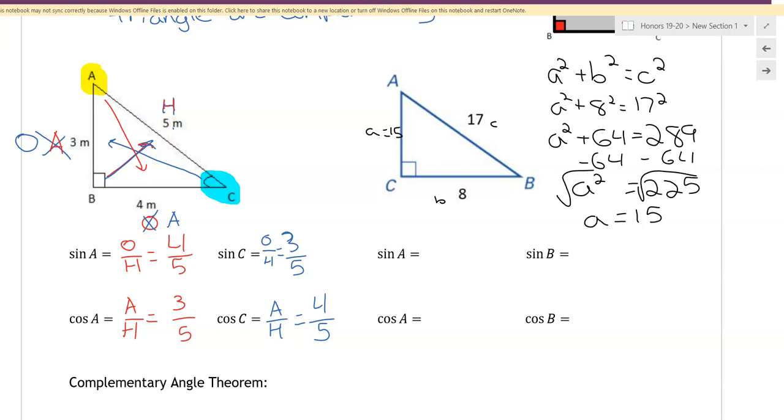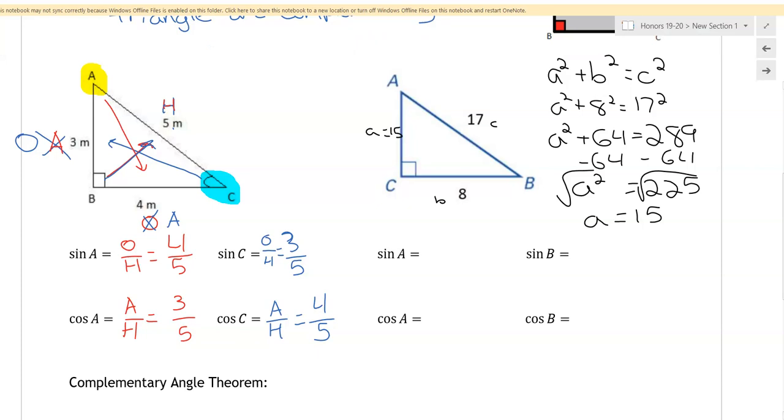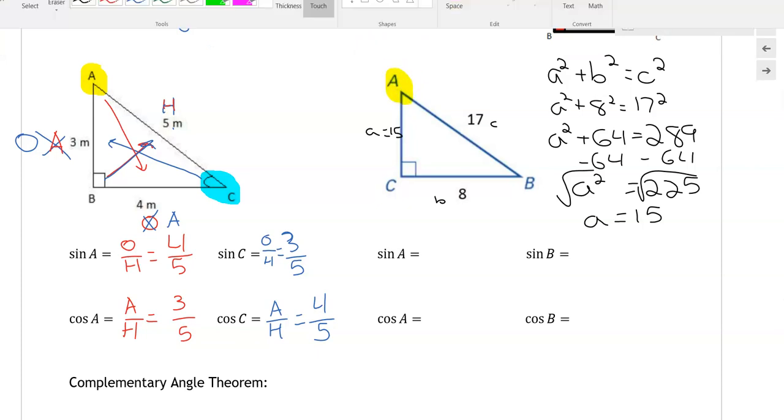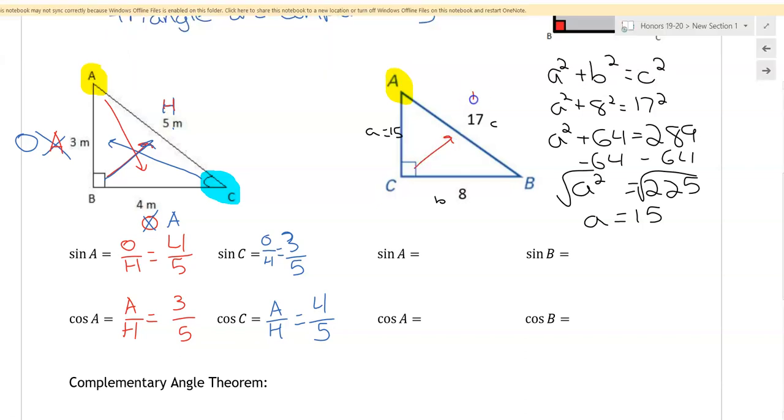So now that I have all three sides, I'll be able to find my trig ratios. Looking again at sine of A, we have our hypotenuse, our opposite side, and our adjacent side. Sine is O over H, which is 8 over 17, and cosine is A over H, which is 15 over 17.